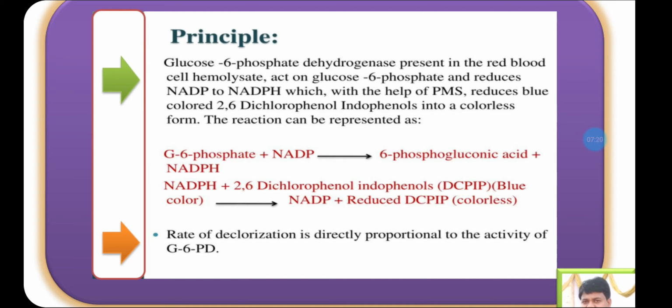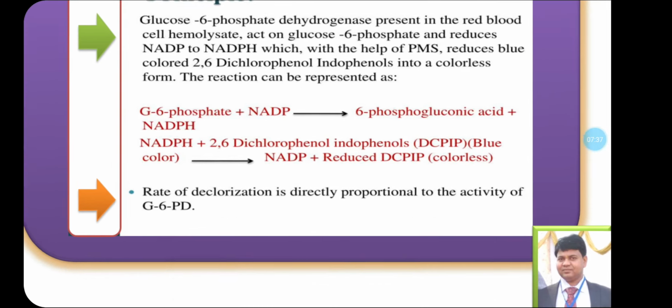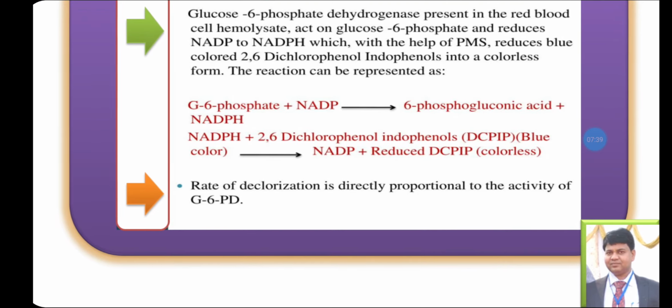Whenever there is a production of NADPH, this NADPH reacts with this blue colored compound and forms NADP and reduced DCPIP, a colorless compound. The conversion of this blue color to the colorless solution is called the decolorization time, and this time is recorded in the G6PD test. The normal decolorization time in healthy persons who are not deficient is around 30 minutes to 60 minutes.